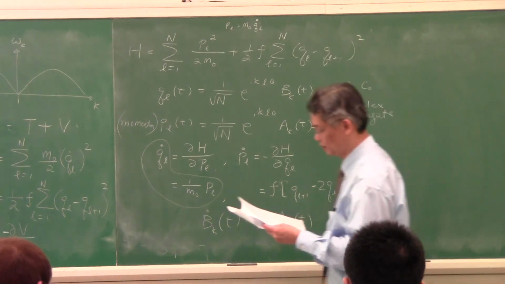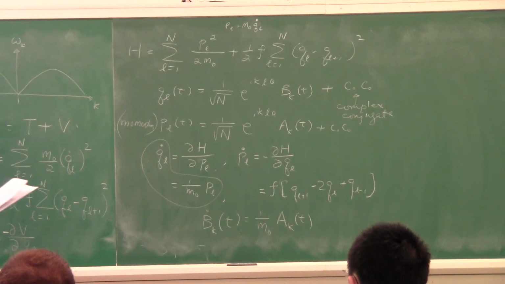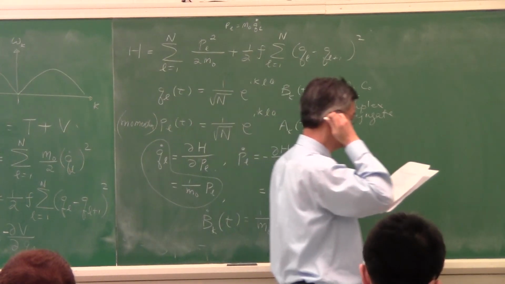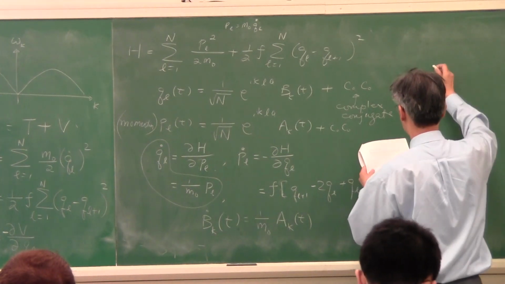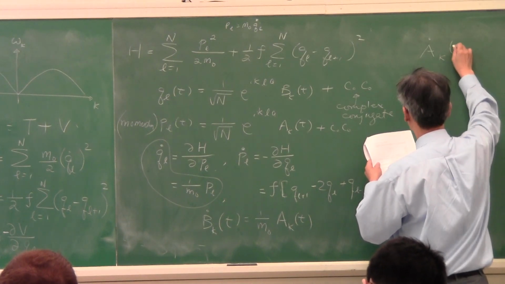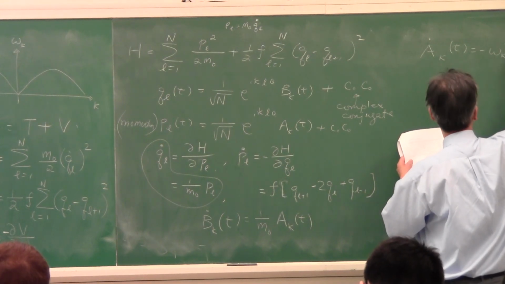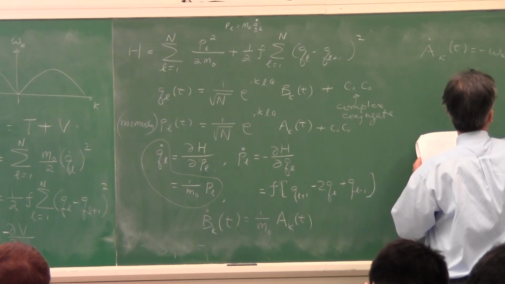So if you actually put this back in here now, BK dot is equal to AK(t), and then BK double dot is equal to that. If you plug that back in here, we get this equation of motion: AK dot(t) is equal to minus omega k squared m0 BK.